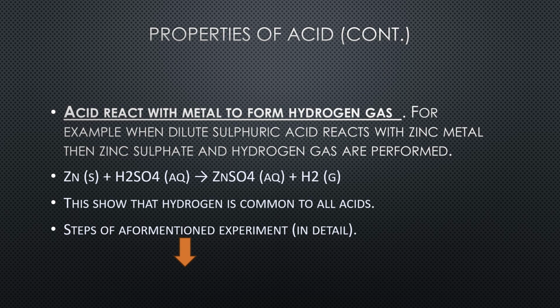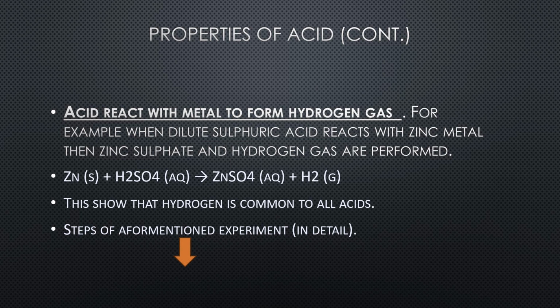Now you can see the reaction on the screen. Zn plus H2SO4. H2SO4 is the formula of sulfuric acid. Zn is zinc. ZnSO4 is zinc sulfate. This is the salt. And hydrogen gas is evolved. This shows that hydrogen is common to all acids.